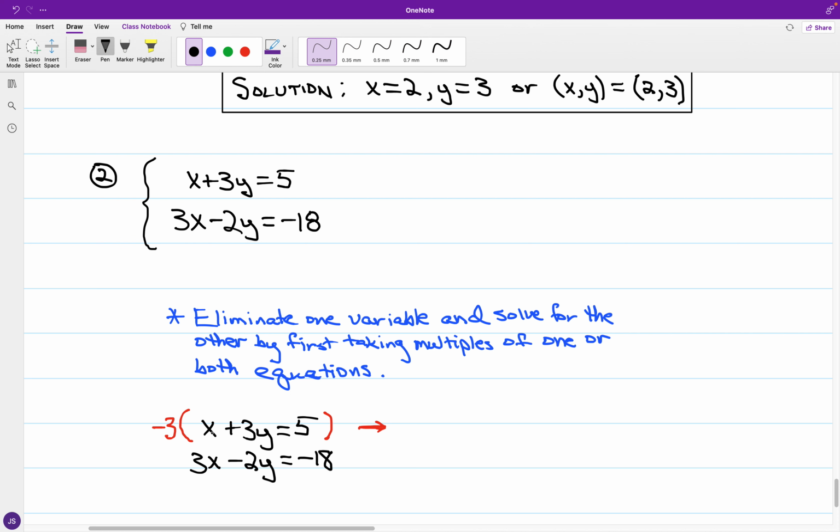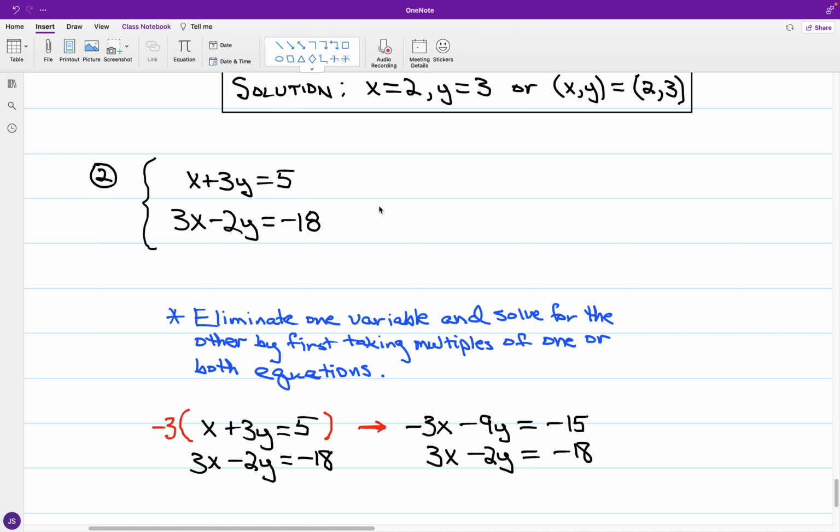So if I multiply by negative 3, the system becomes negative 3x, negative 3 times 3y becomes negative 9y, and negative 3 times 5 is negative 15. And we still have 3x minus 2y is equal to negative 18.